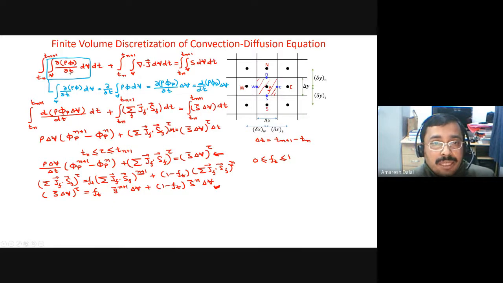So we can now integrate all these terms over the control volume as well as over the time. So we are going from Tn to Tn plus 1, where Tn is the previous time and Tn plus 1 is the current or present time level, and the difference between these times is the time step, delta t.